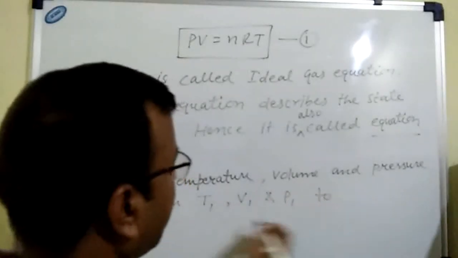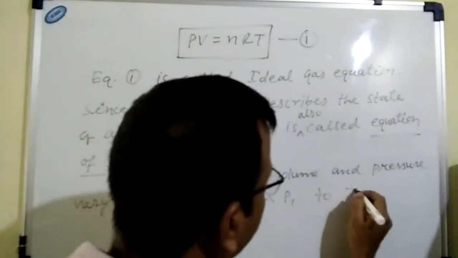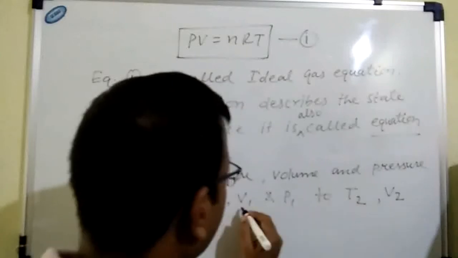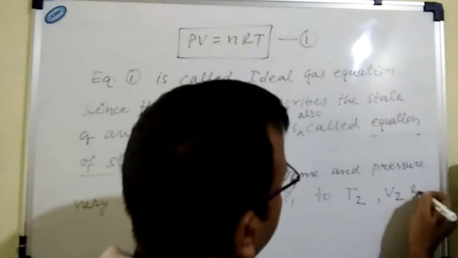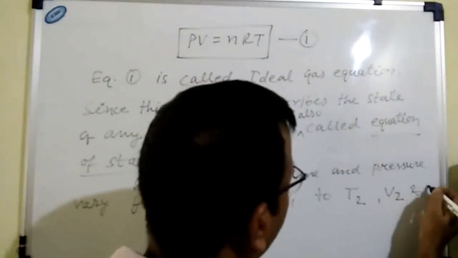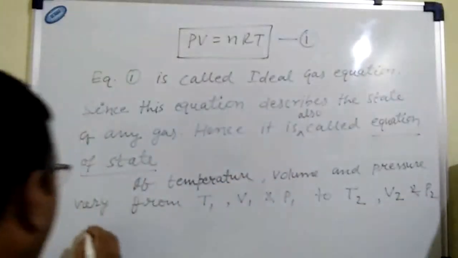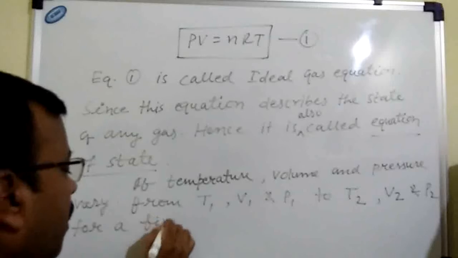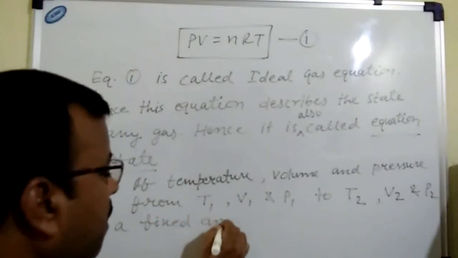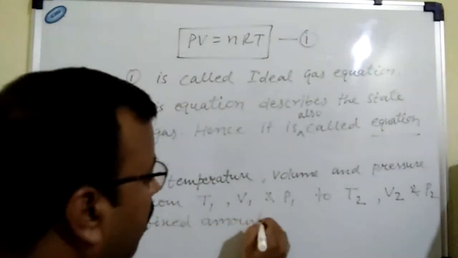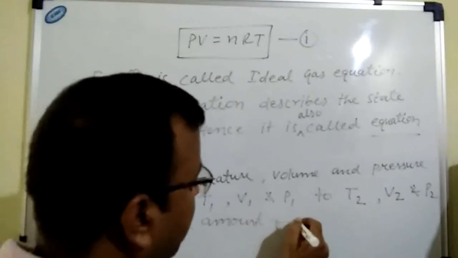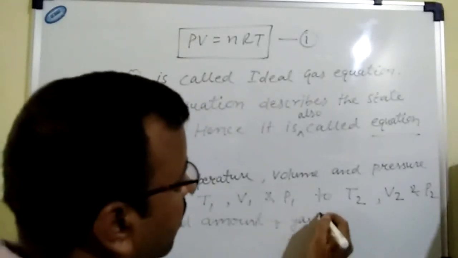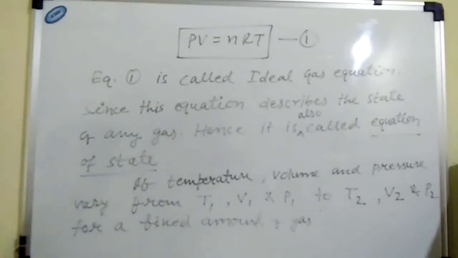Temperature varies from T1 to T2, volume changes from V1 to V2 and pressure changes from P1 to P2 for a fixed amount of gas. So what do you mean by a fixed amount of gas?